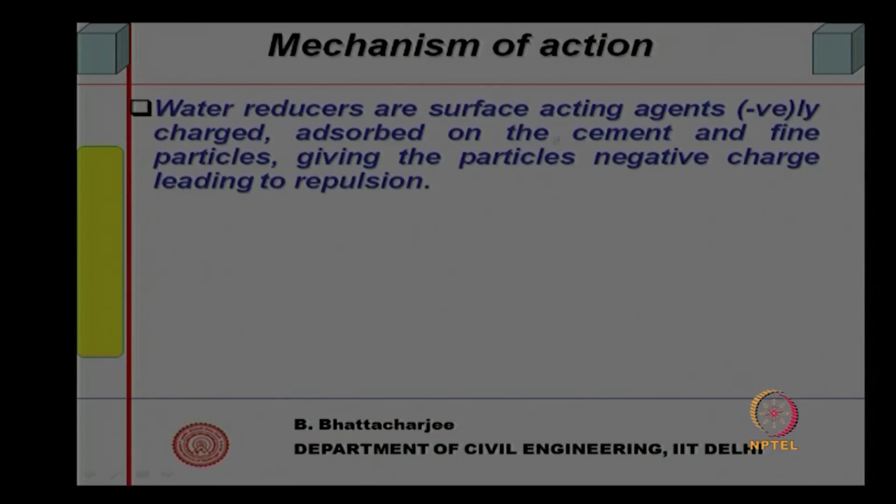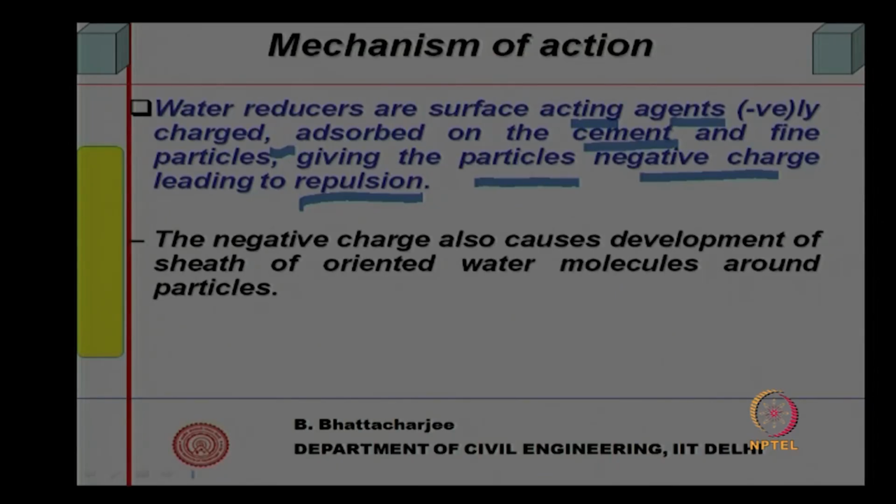Water reducers are surface acting agents, negatively charged, adsorbed on the cement particle or any other similar fine particle, giving particles negative charge, and this leads to repulsion. Therefore, that is why they are dispersants.